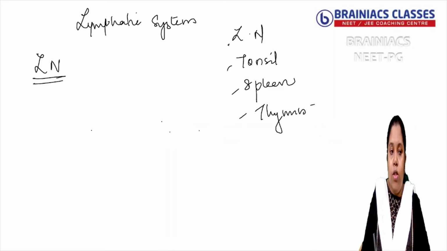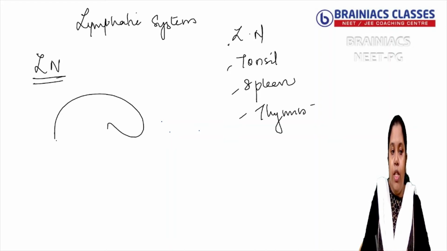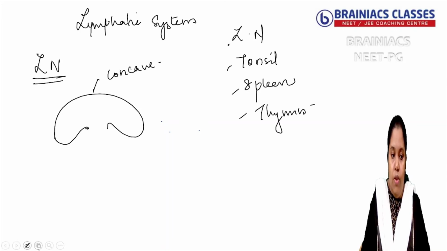Lymph nodes are bean-shaped structures with one convex surface and one concave surface.